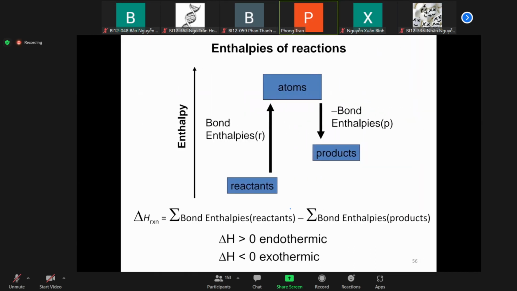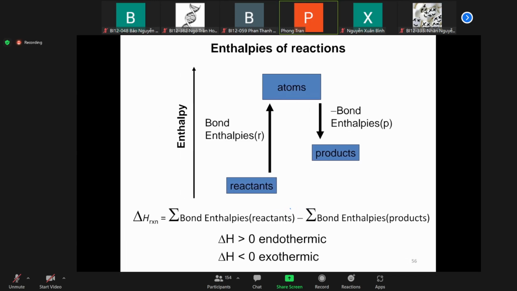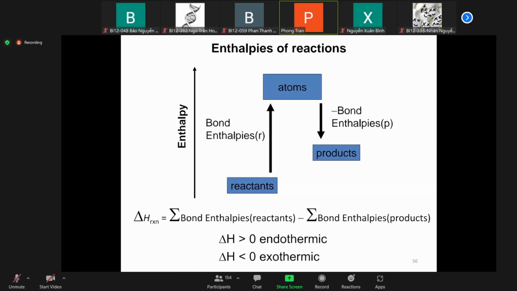Now, we finish with the enthalpy of reaction. So basically, you have a reactant. By the definition, the bond enthalpy is the energy you put inside to break the chemical bonds to make single atoms. And when the single atoms combine to make a new compound, which are products, you will see that the energy will decrease.